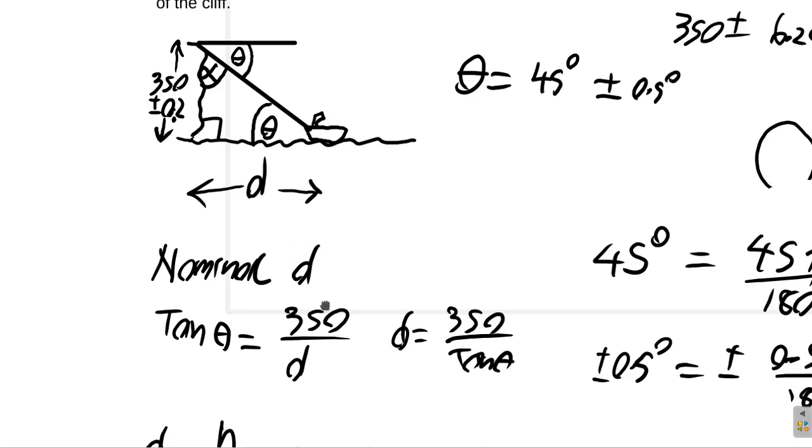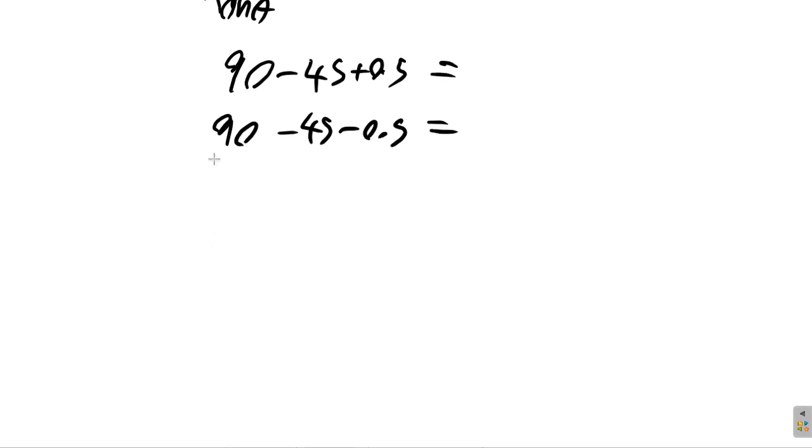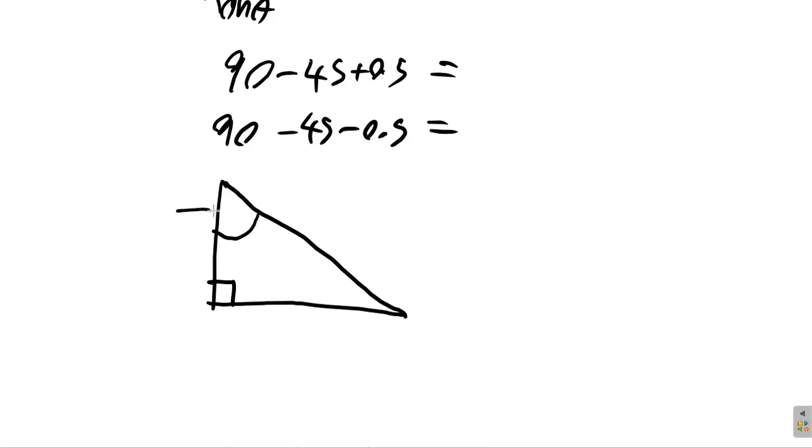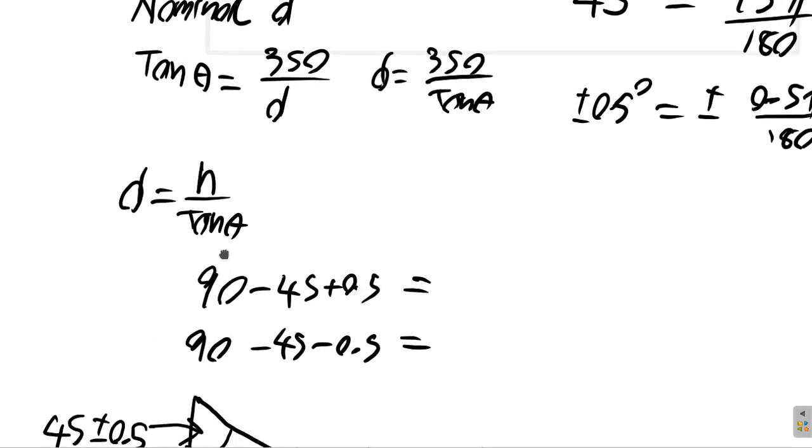So in this case, let me redraw the cliff and the jet ski and so on, but we simplify it using a triangle. This angle right here is also 45 plus or minus 0.5. Alright?